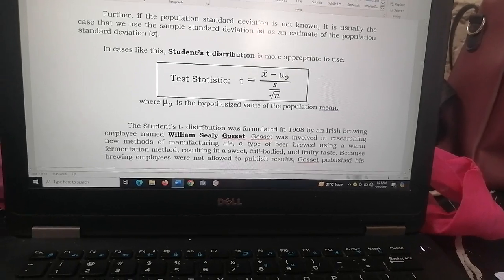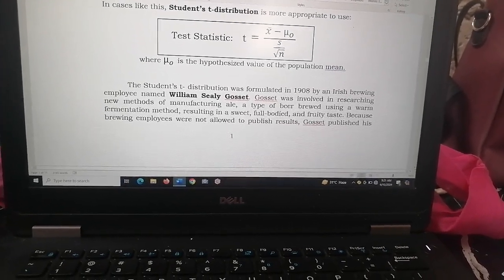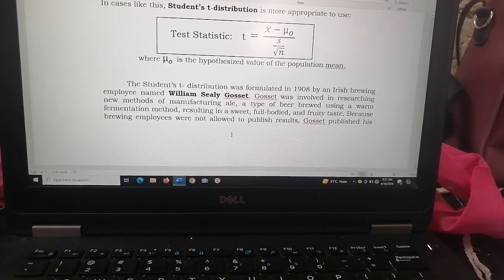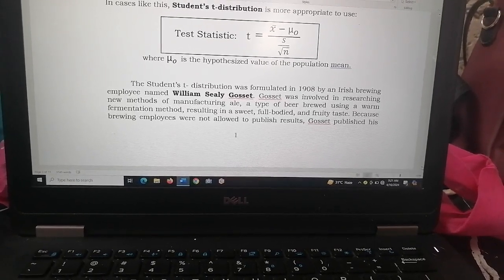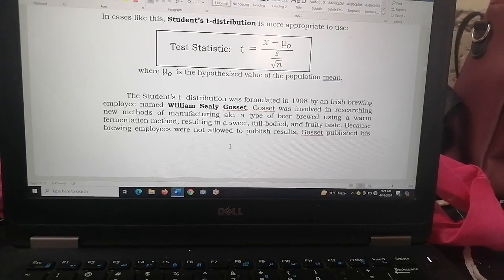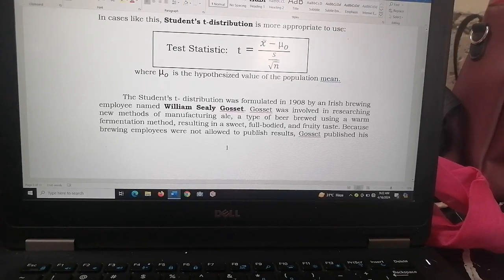The student's t-distribution was formulated in 1908 by an Irish brewing employee named William Sealy Gosset. Gosset was involved in researching new methods of manufacturing ale, a type of beer brewed using a warm fermentation method, resulting in a sweet, full-bodied, and fruity taste.